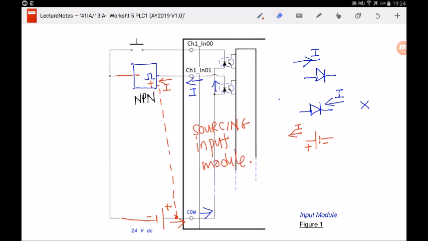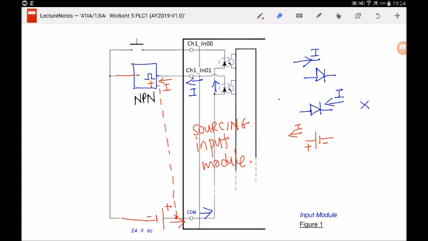because, I repeat again, current is flowing out from this PLC input terminal, as you can see from this diagram here. So you always look at the object's perspective. If I'm talking about the PLC itself, you look at the terminal and see whether the current is flowing out or flowing in. Since in this case it's flowing out, it's a sourcing input module, because current flowing out is sourcing.